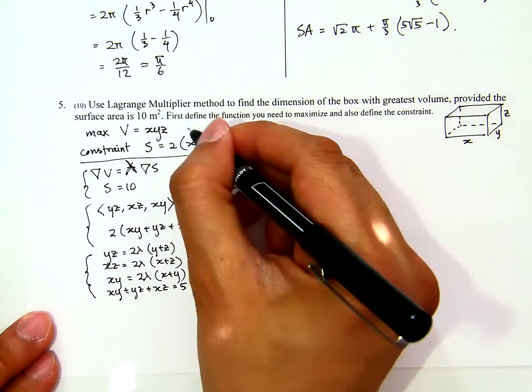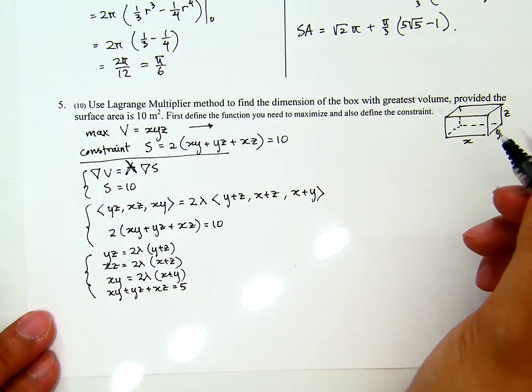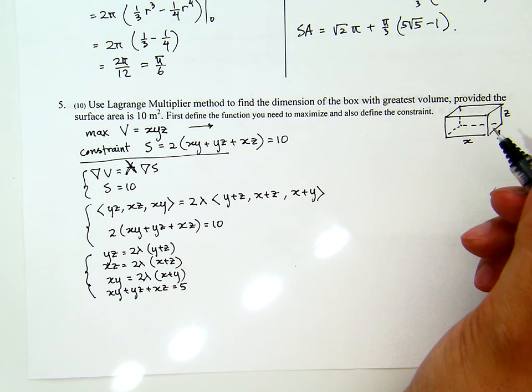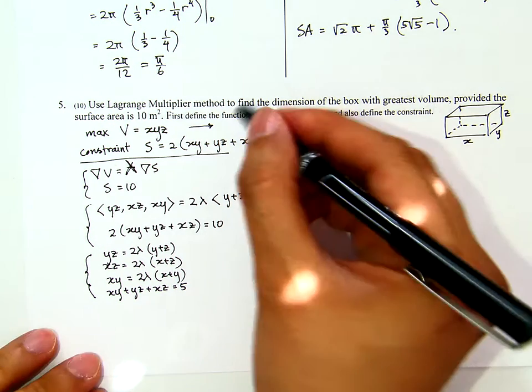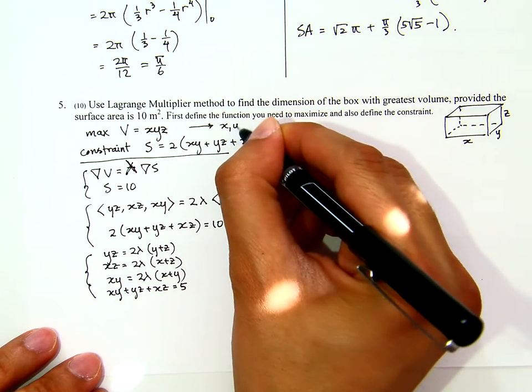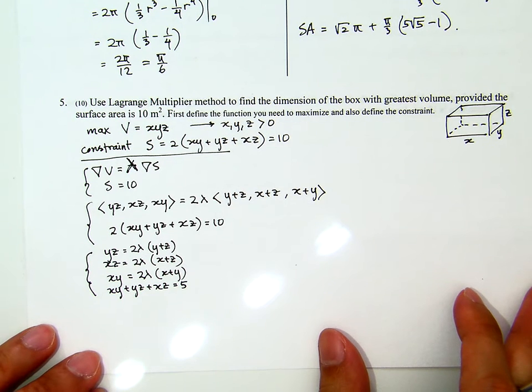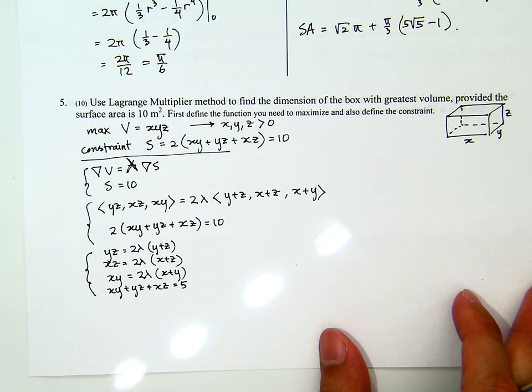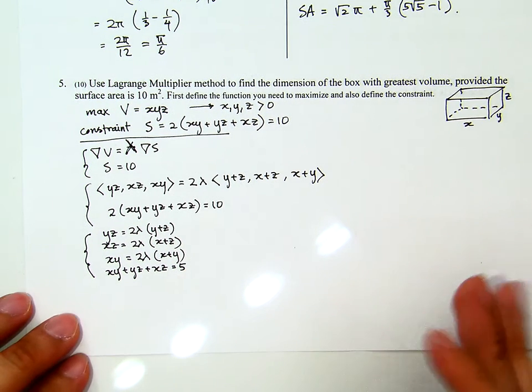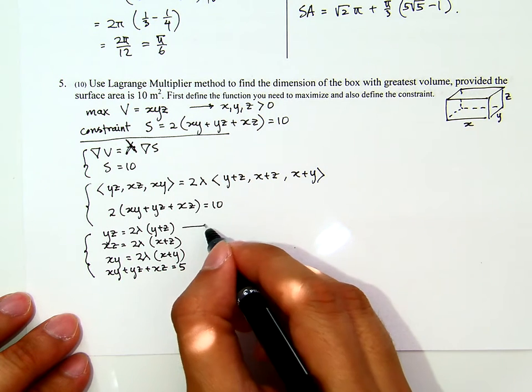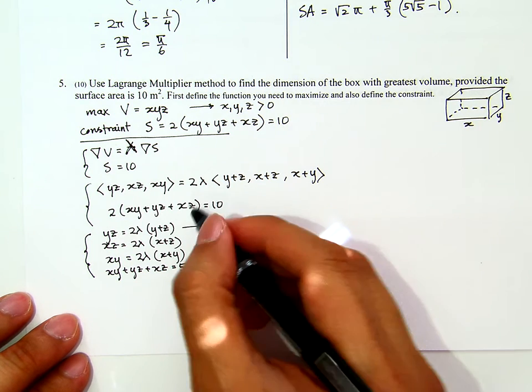Notice that the volume has to be a positive number, and none of x, y, z should be negative. So from here we say that x and y and z have to be strictly positive numbers. Now, in other words, I can multiply this by x.